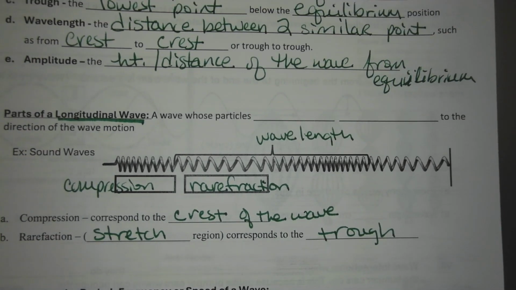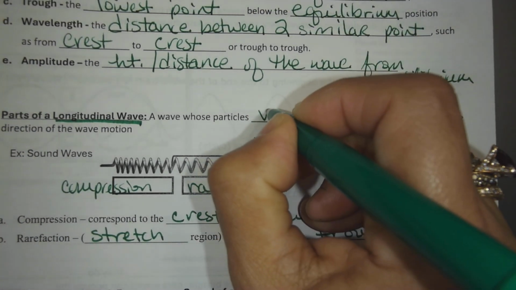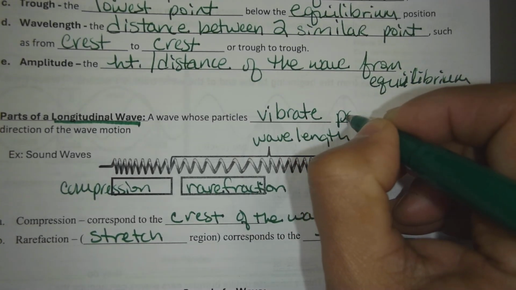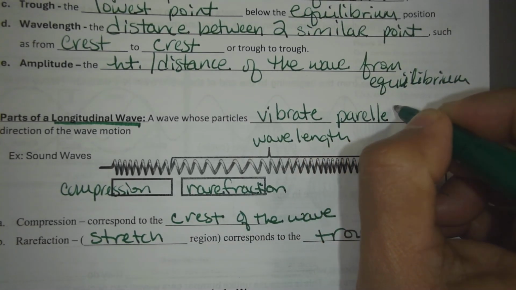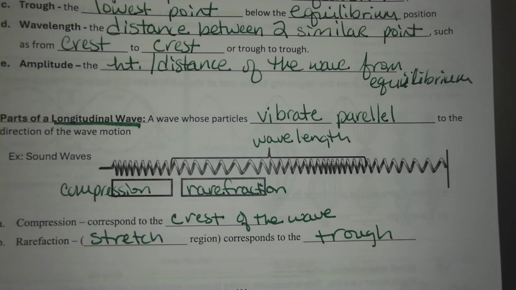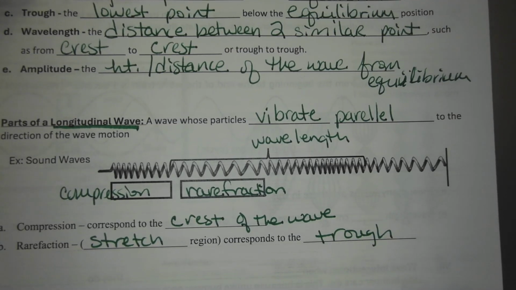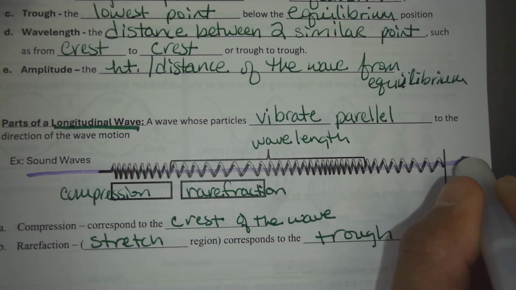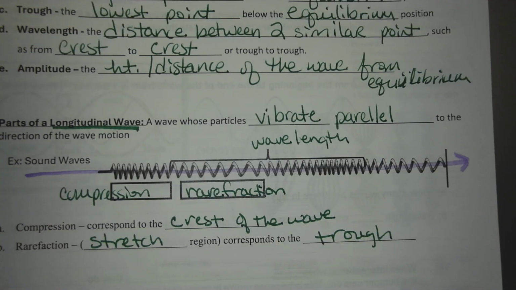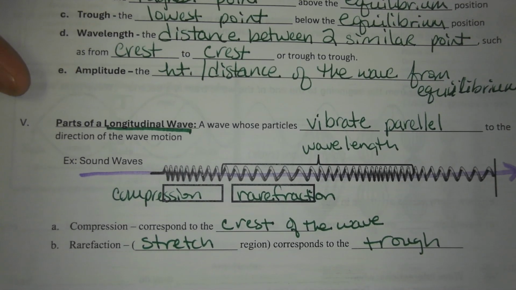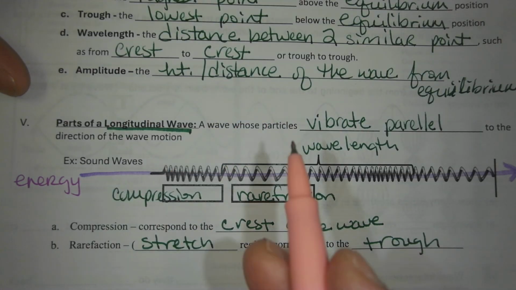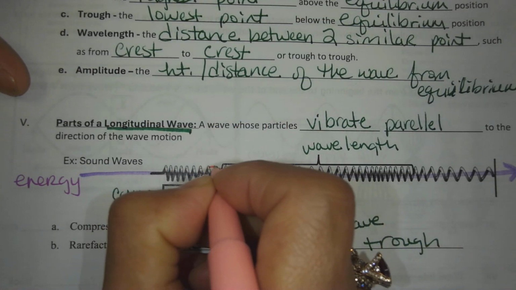Okay? Now, this one though, its wave vibrates parallel to the direction. What do I mean here? If this is my energy traveling through my wave, then the vibrations are going to occur.